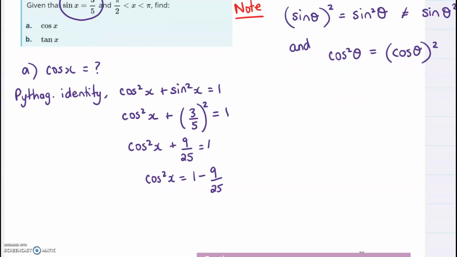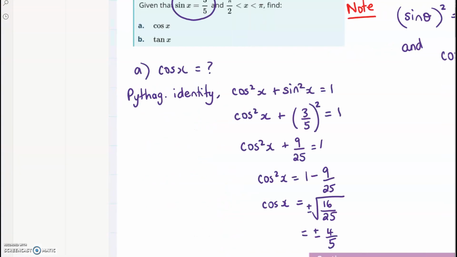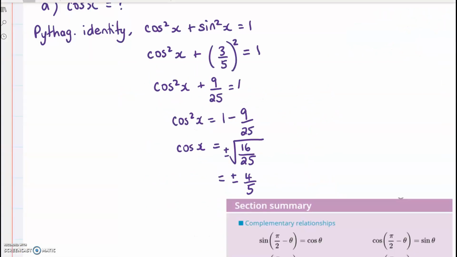So I'll just finish this one. So cos x is going to equal the square root of what we've got left over, 16 on 25. And that's going to work out to be plus or minus, don't forget. Okay, so I need to keep finishing from here.